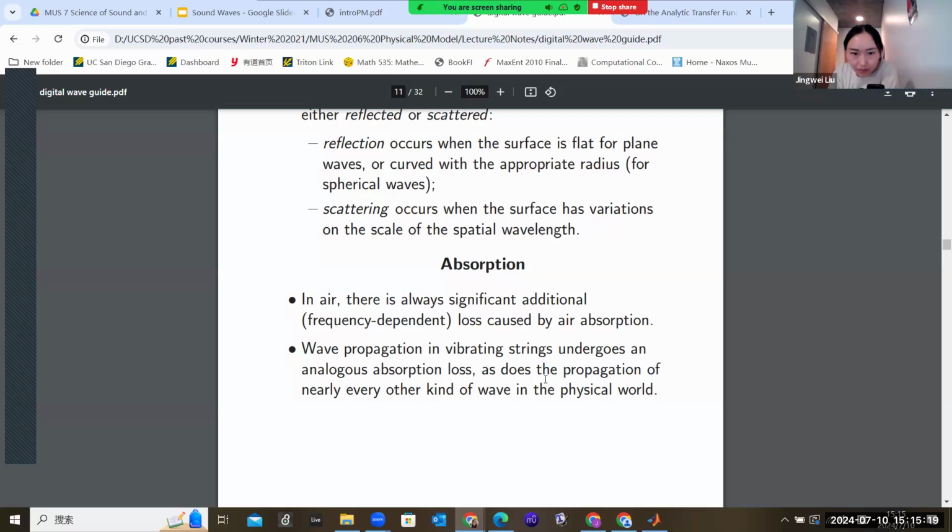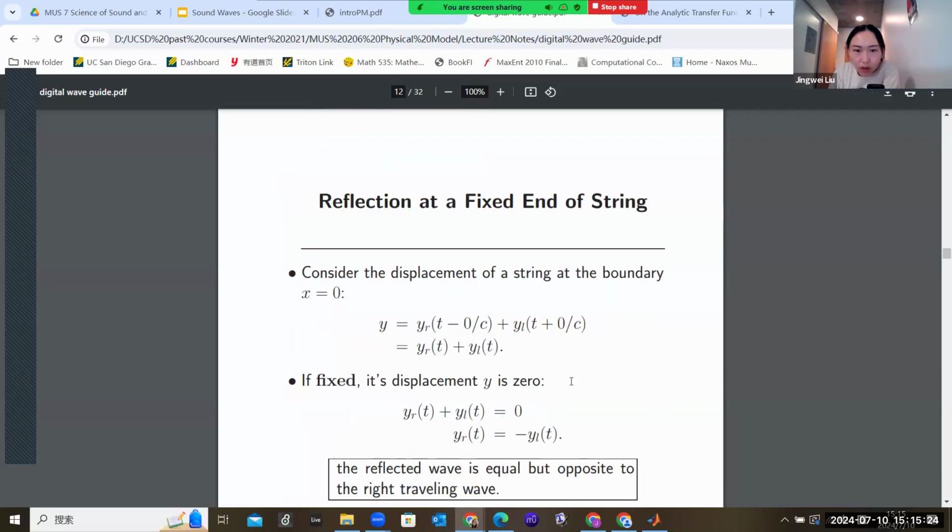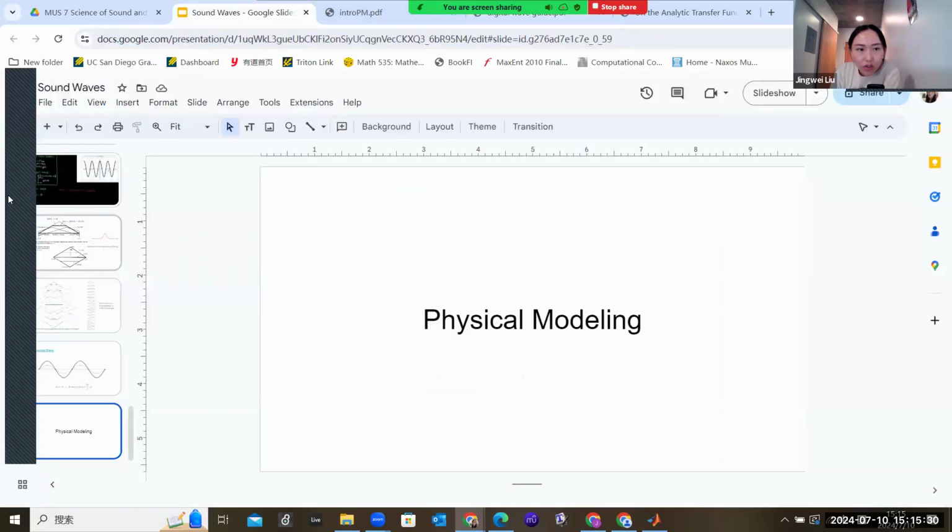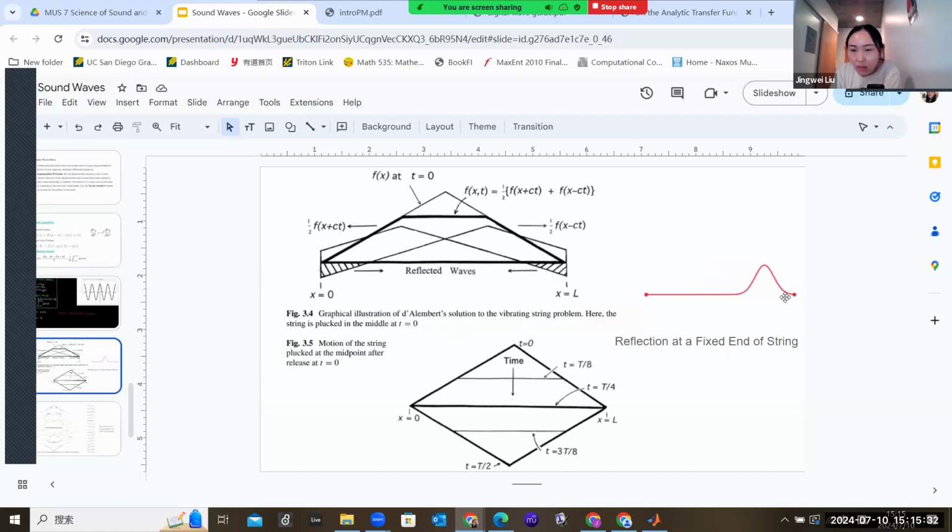This is called absorption loss. What I really want to talk about is the reflection, because we saw the reflection looks like this, but we didn't really explain why it changes direction at the boundary.